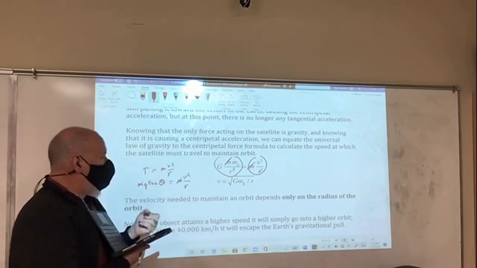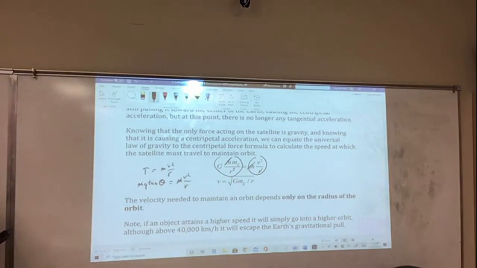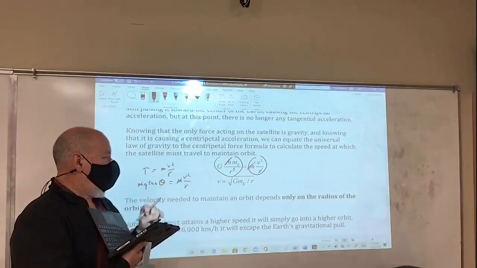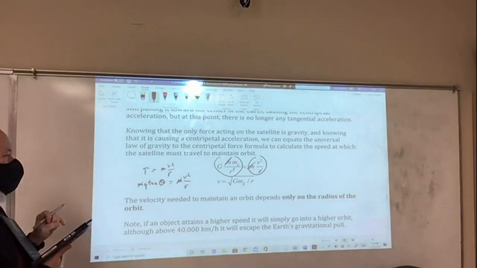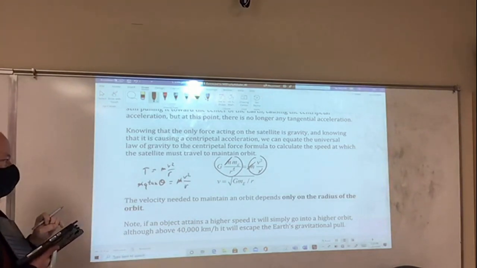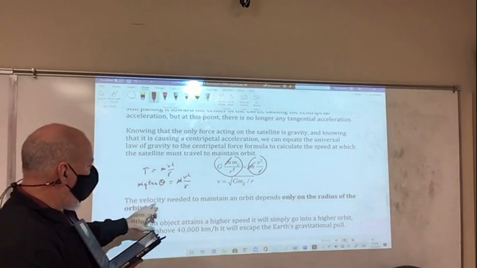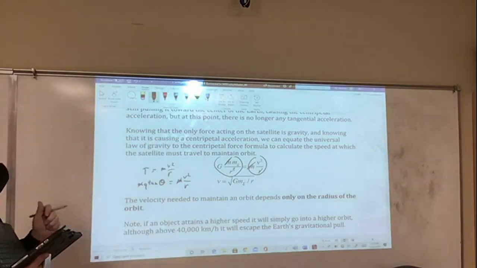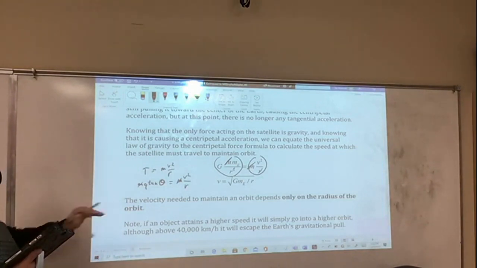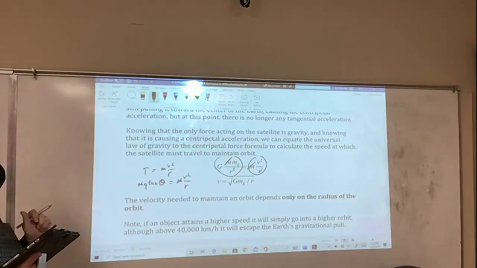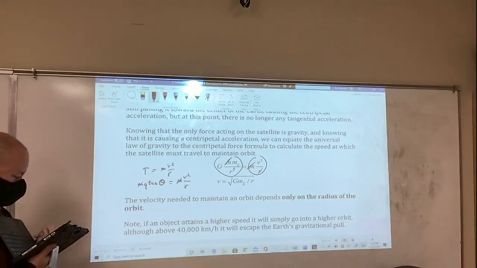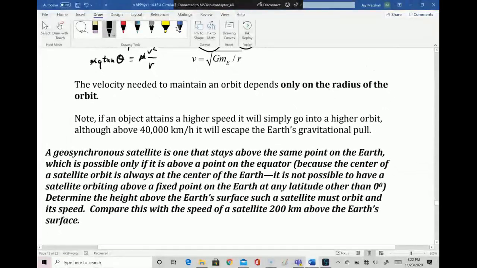So the velocity of a satellite at a particular radius is going to equal the square root of the gravitational constant times the mass of the Earth divided by the radius. And what this tells us is that the velocity needed to maintain an orbit only depends on the radius of the orbit. Okay, it doesn't depend on the mass at all.